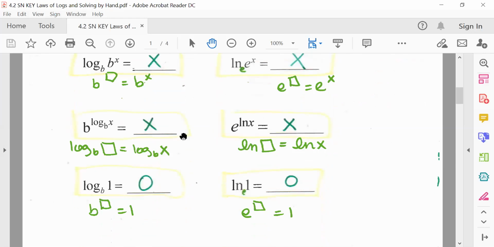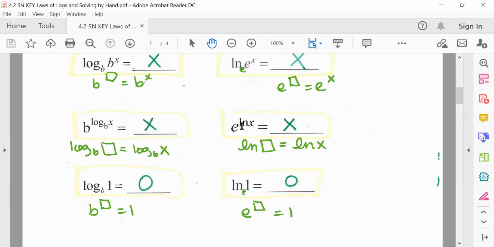All right, same thing works with exponent form. B to the power of log base B of X. If we drop and cross, this B gets dropped as the base. Log base B of some unknown is equal to what that power was, log base B of X. Well, just looking at this, log base B of something equals log base B of X, that's X. Okay, so again, B as the base of an exponent and log base B undo each other and leave us just with that X. Same thing for E and natural log.